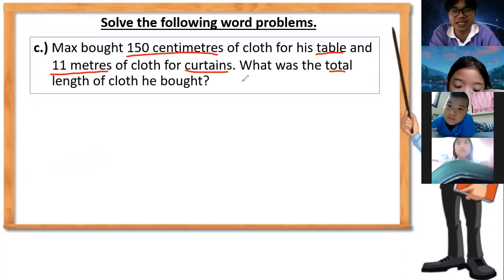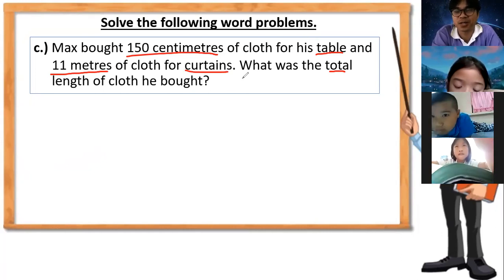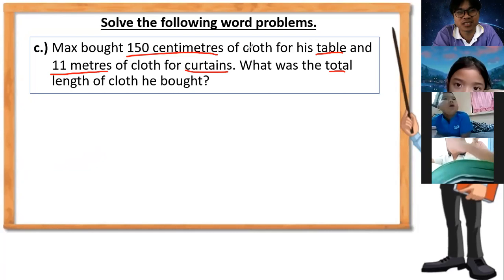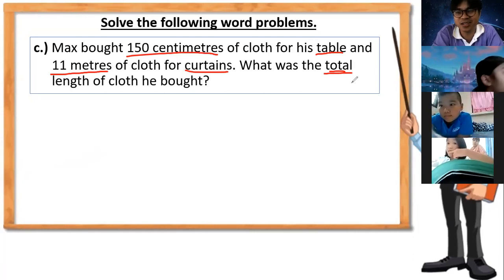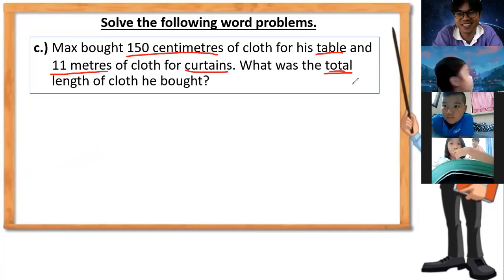All right, so look at here. Now, what is the correct operation to use here? Max bought 150 centimeters of cloth for his table and 11 meters of cloth for curtains. What was the total length of cloth he bought? What do you think? Plus, minus, times, or divide?